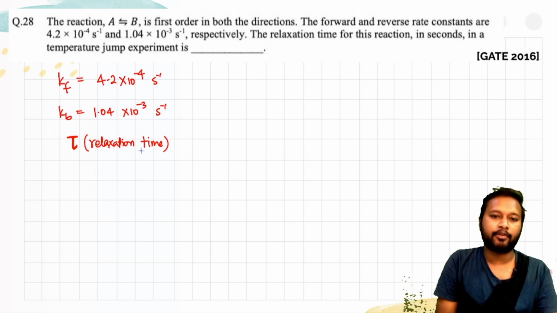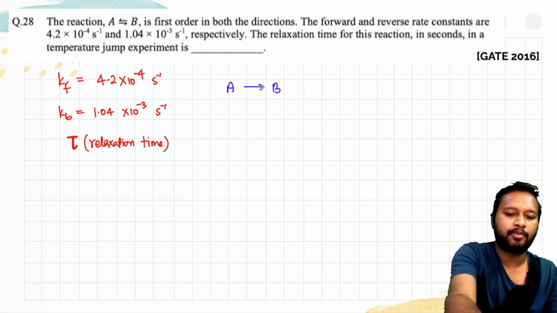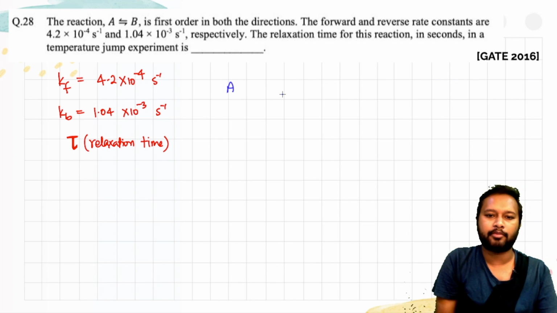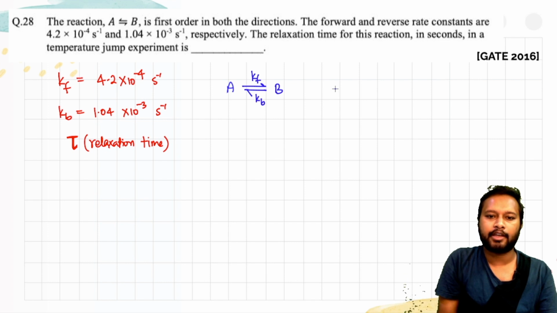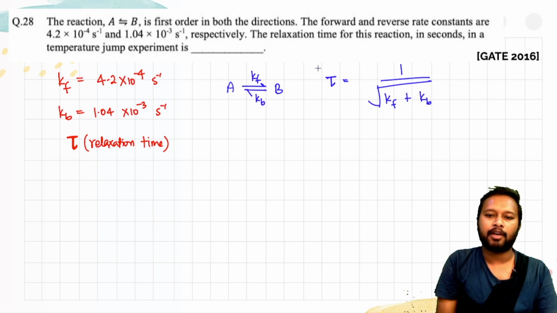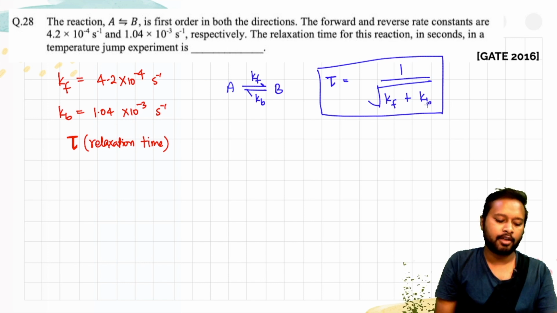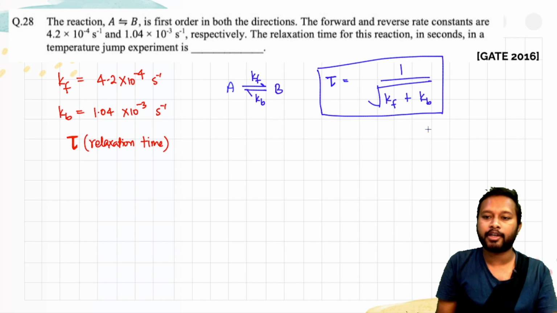For an equilibrium reaction, when A is getting converted into B with rate constants Kf and Kb, your tau or your relaxation time is calculated as 1 upon Kf plus Kb. This is the simple and straightforward formula which you should know.